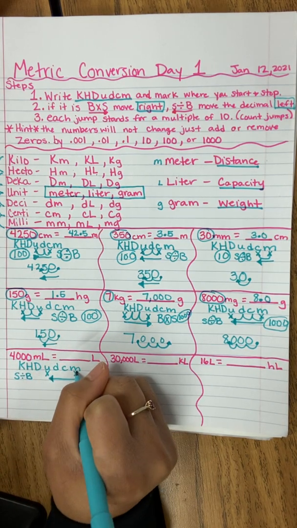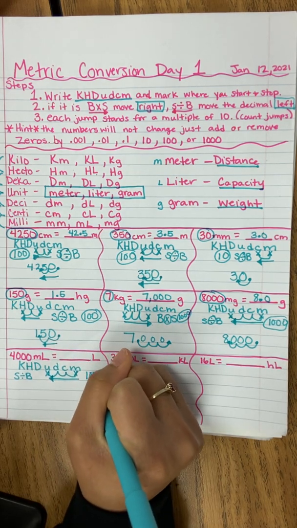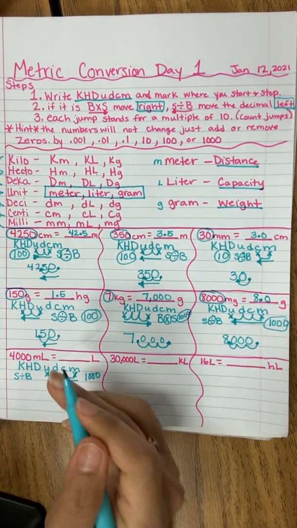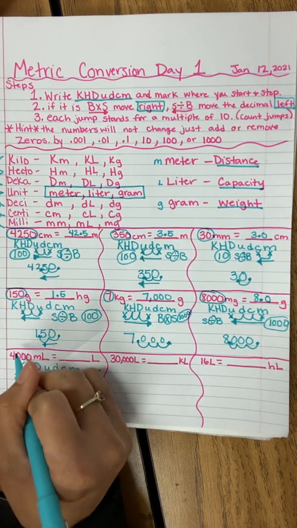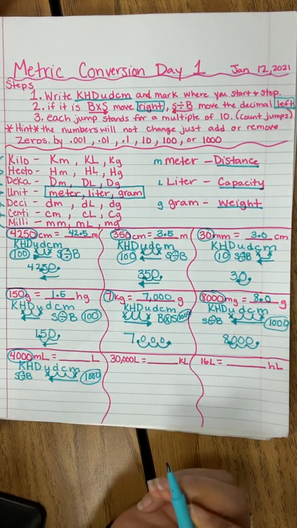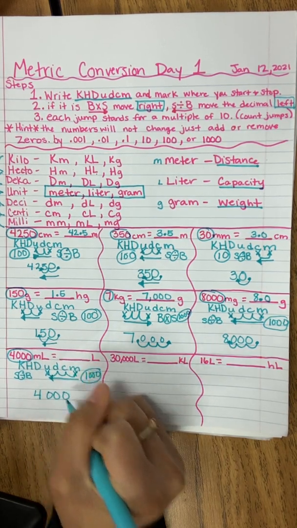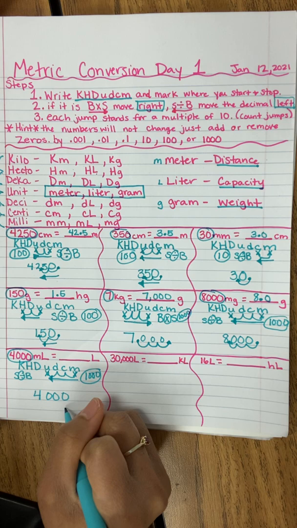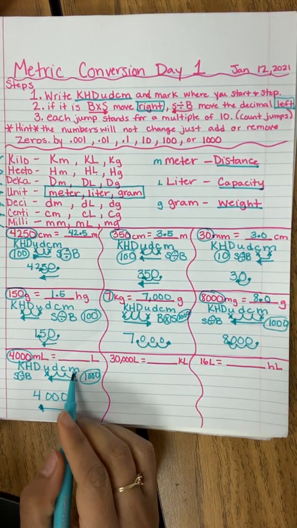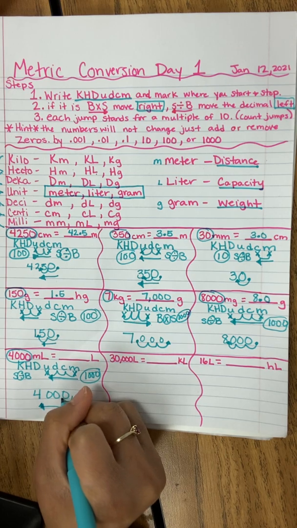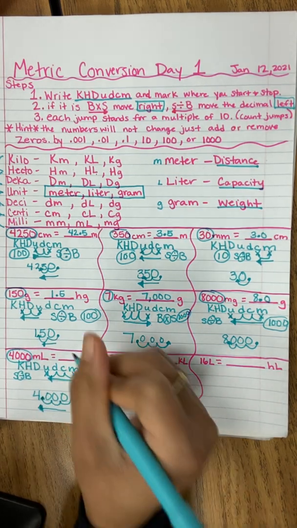And I'm dividing 1, 2, 3 jumps by 1,000. I know that 1,000 divided into 4,000 is going to give me 4. But to show my work, I need to move in this direction, those same 3 jumps. 1, 2, 3. And this is where my decimal point falls.